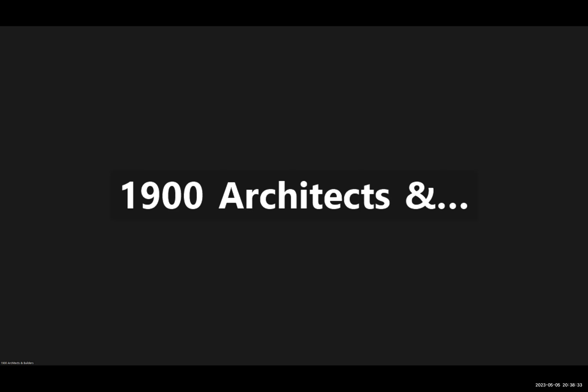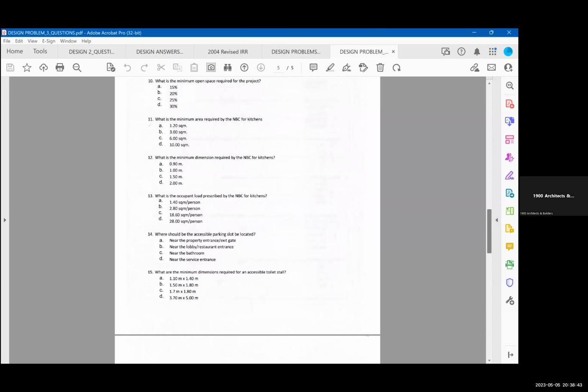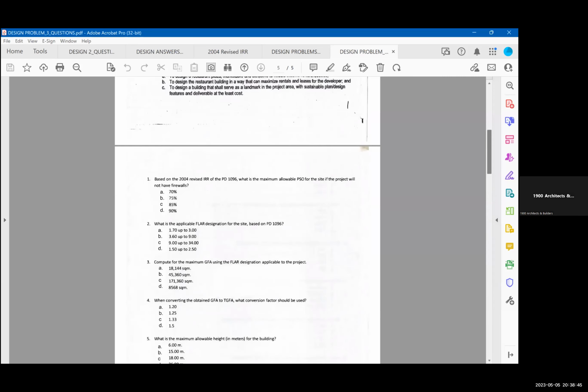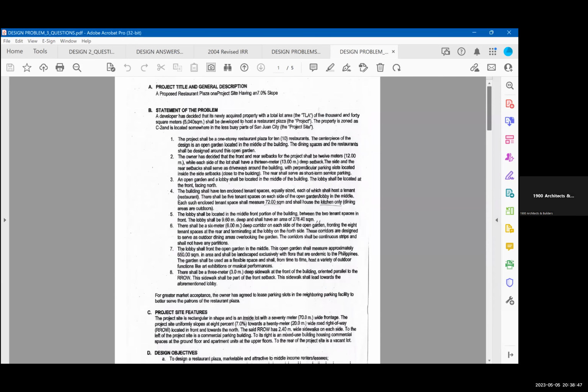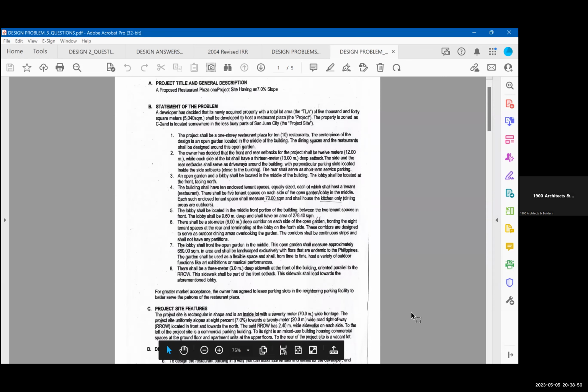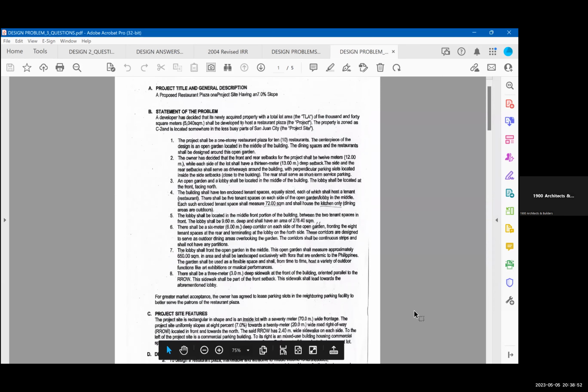Okay, sinare ko yung file. Na-upload pa siya. Pero isi-share ko din to sa screen so you can start reading it. Tapos sagutan natin. Ano oras na ba? 8:40 na.